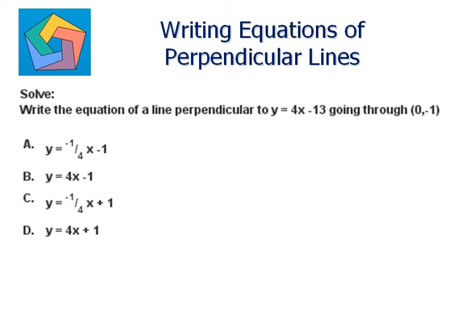Next problem. Solve. Write the equation of a line perpendicular to y equals 4x - 13 going through (0, -1). m1 is 4, so m2 should be -1/4. So y is equal to -1/4 x plus b. Now put in (0, -1).